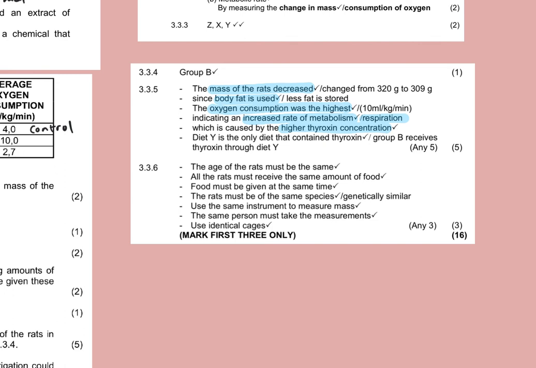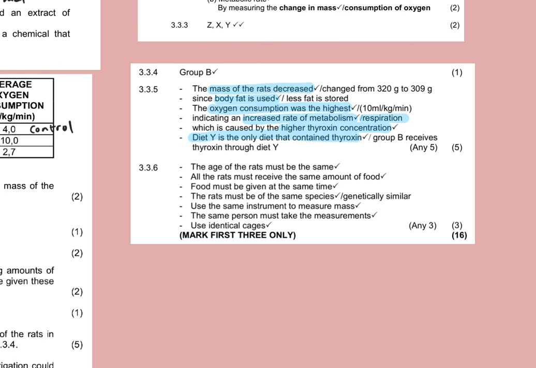And diet Y is the only diet that contains thyroxin. So it's very much step by step. Why do you say it's diet Y? It's because it's got added thyroxin. But what did the results show you that made you assume that this rat was fed diet Y? It's because of the faster metabolism, which led to the following things happening.